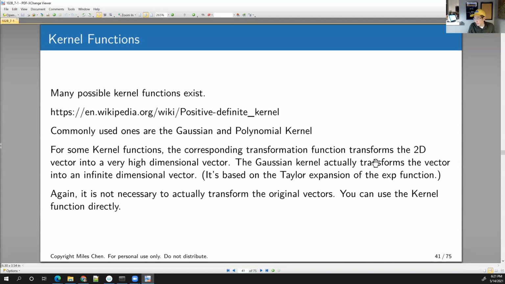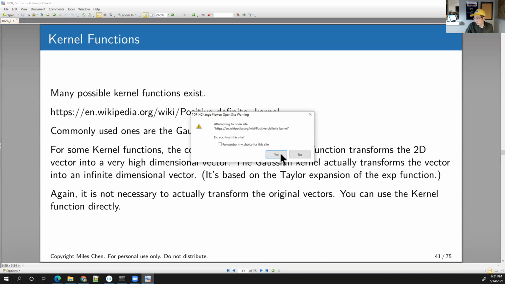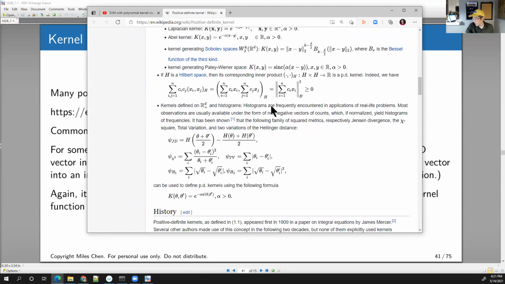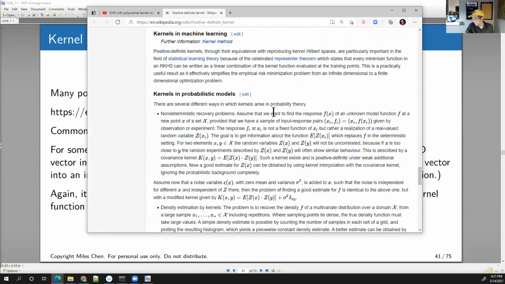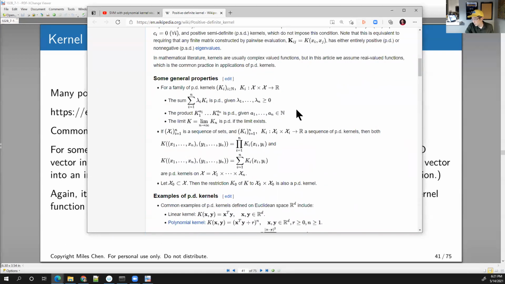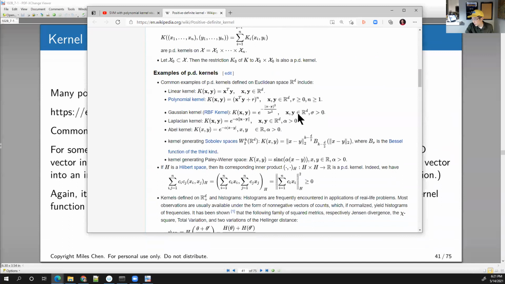And so there are all sorts of kernels that we can use. You can click this link for the positive definite kernel. Okay, here they are. We have the linear kernel. And then you have polynomial kernels, where you take x, y, maybe add some kind of constant and raise that to the nth power.